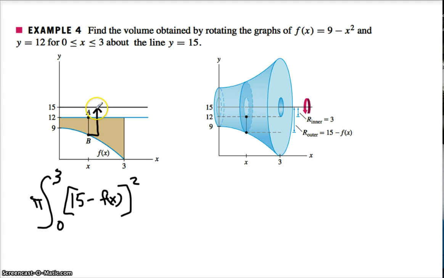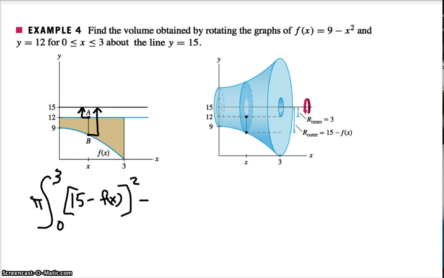So that is the larger radius. The smaller radius is the distance from this horizontal line y equals 12 to y equals 15, and that's only 3 units. Actually, let me erase this part here and be consistent.